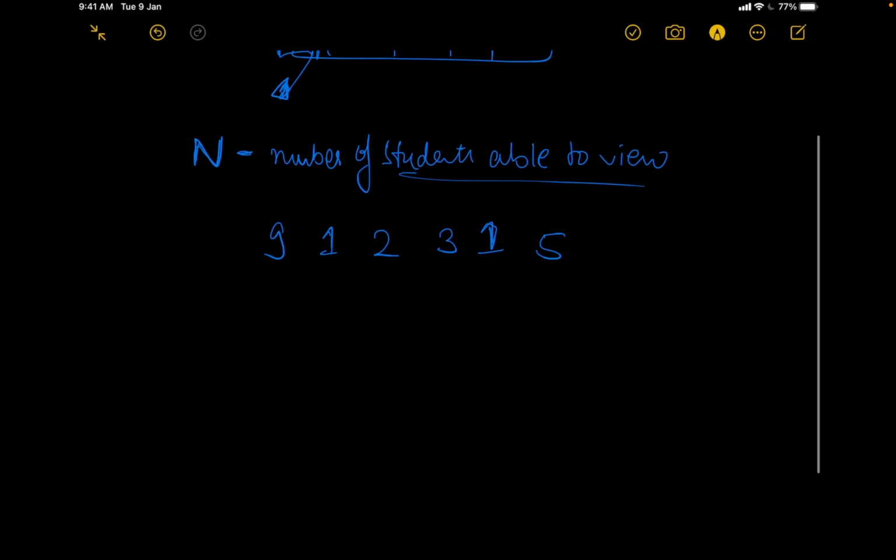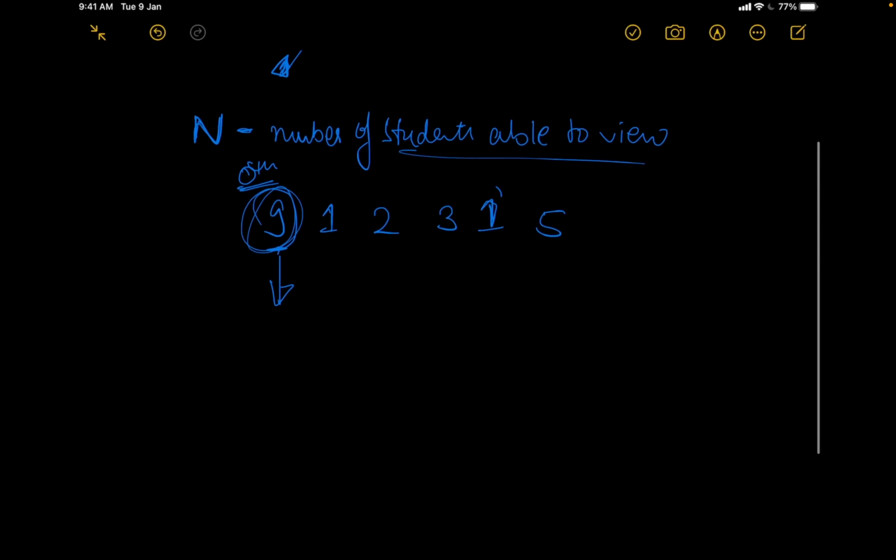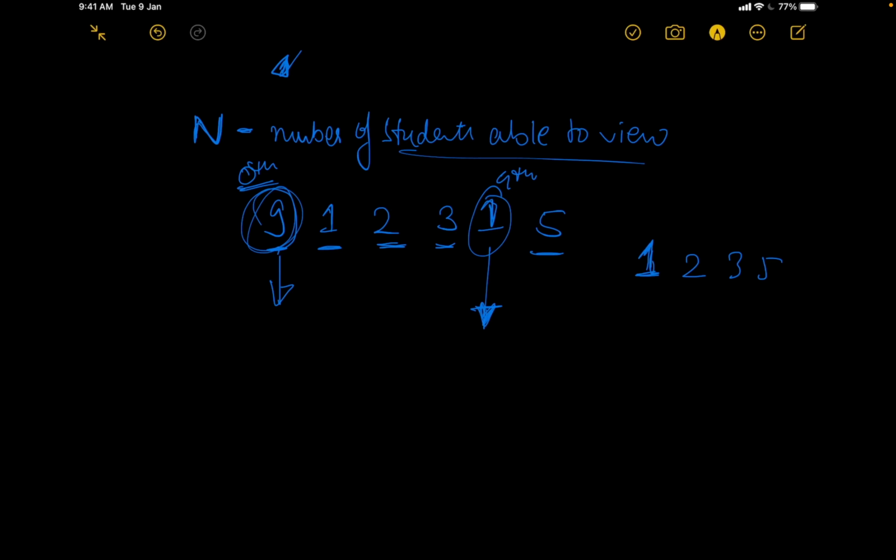So over here you can say that if we remove the 0th element, which is 9, and if we remove the 4th indexed element, which is 1, then the remaining students, that are 1 2 3 5, can easily see the assembly, because the height of every student present in front of it is smaller than it. For example, in front of 2, 1 is present, in front of 3, 2 and 1 are present, and in front of 5, 3, 2 and 1 are present, and they all follow the constraint that's required.